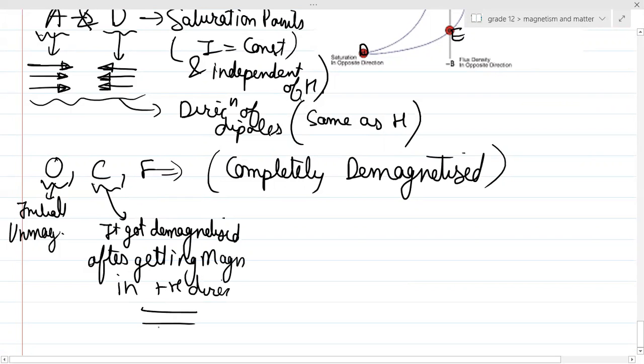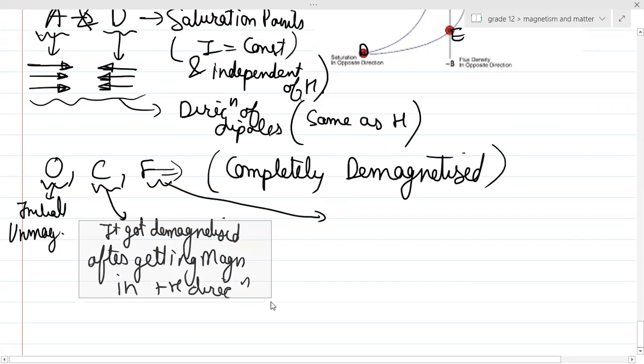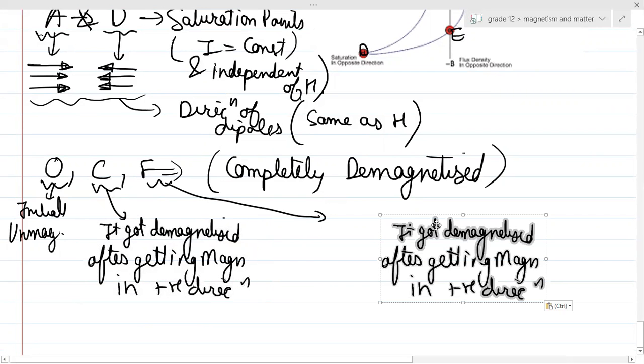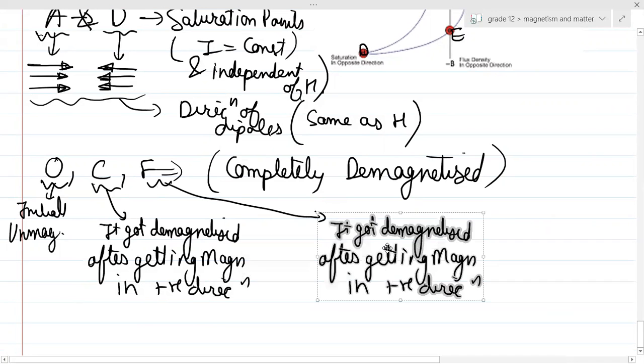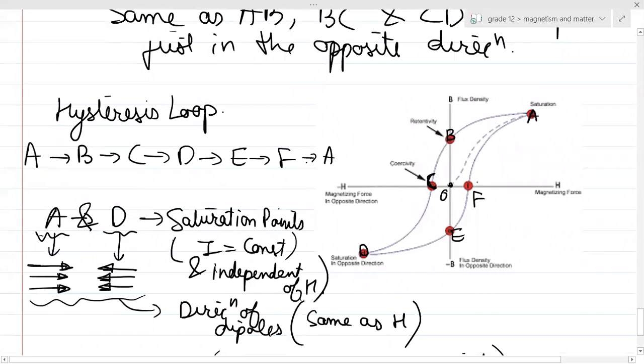Positive direction is basically this direction, okay? And what is F? F is basically that point where it got demagnetized again, but it got magnetized in the negative direction. Is this point clear, guys? O, C, F clear? Now let's discuss B and E.